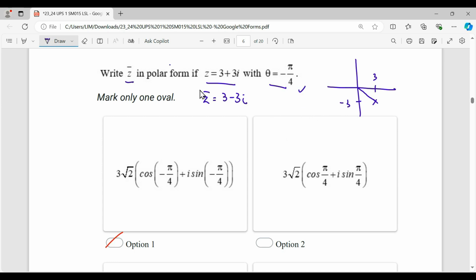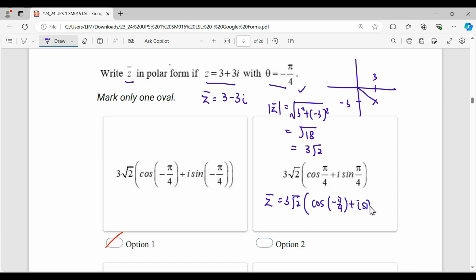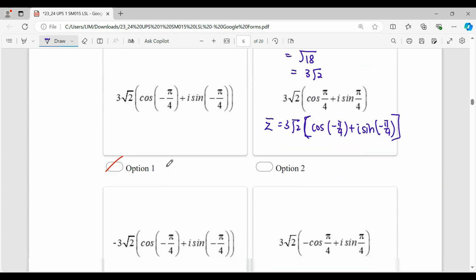What we need in polar form is the modulus of the conjugate. So the modulus will be the square root of a squared plus b squared, so square root of 18, which is 3 root 2. So put in our polar form, it will be 3 root 2, then cos theta plus i sine theta. So this is our answer.